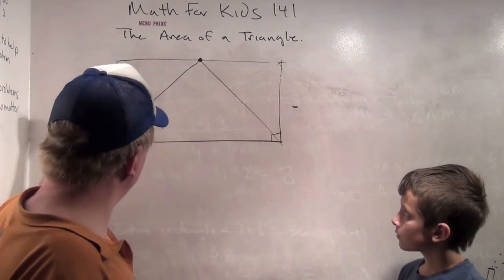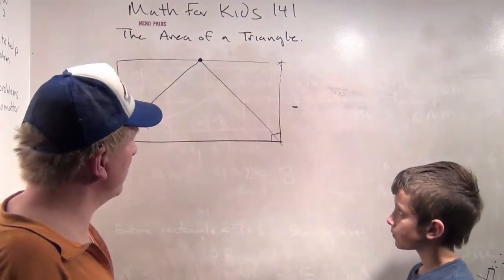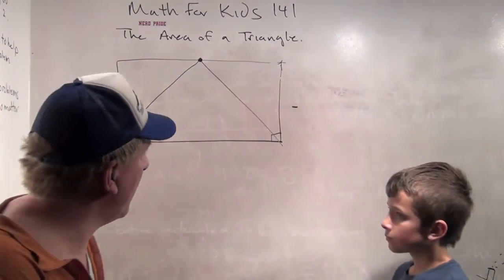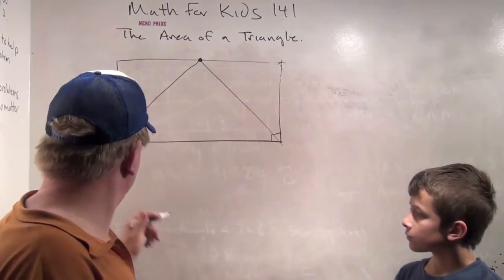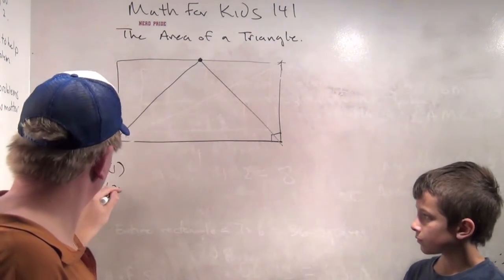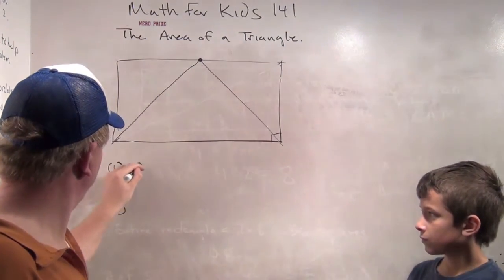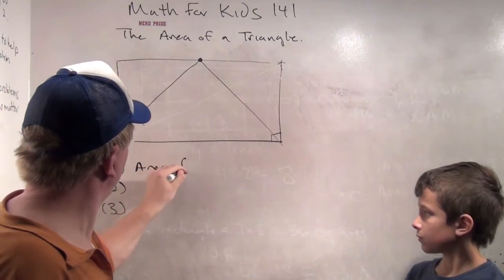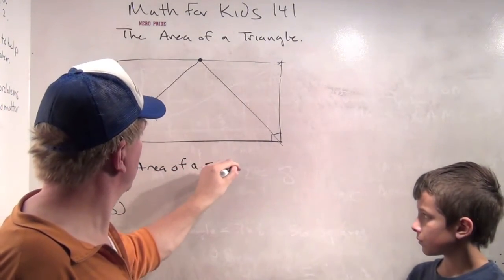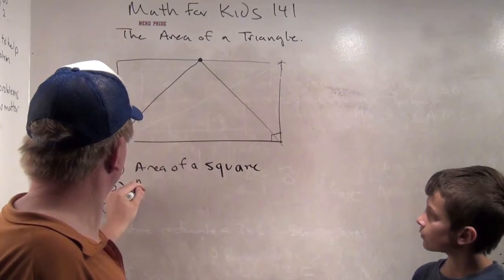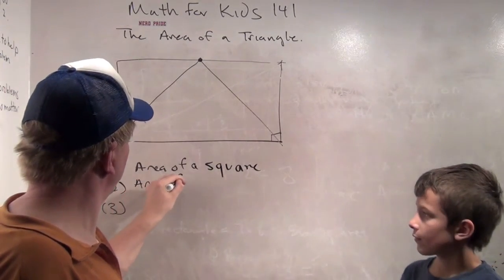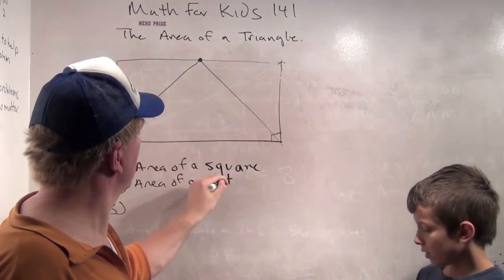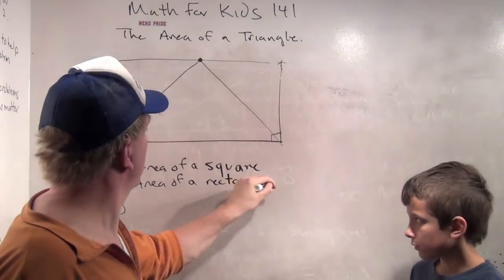So this is not a right triangle. This is just some other triangle that lives inside of this box. Now, we know how to do 3 things right now. We know how to do the area of a square, the area of a rectangle, and the area of a right triangle.